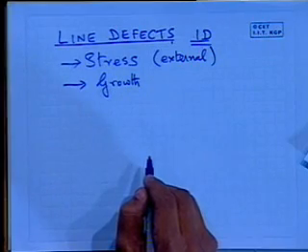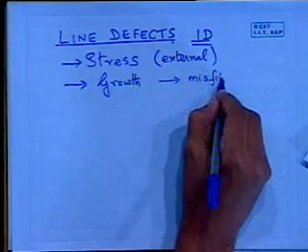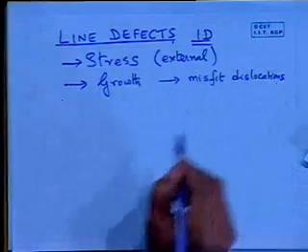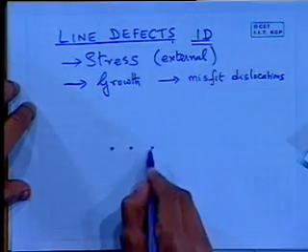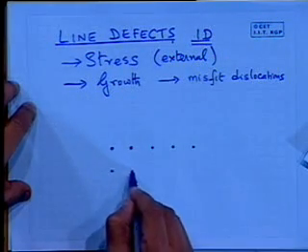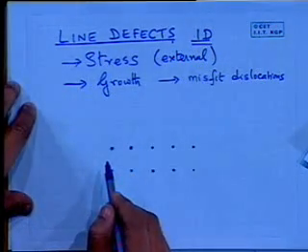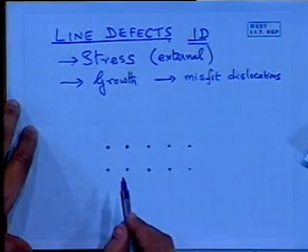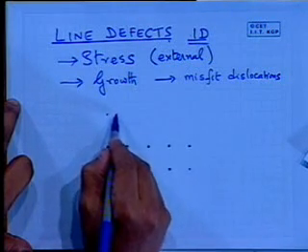I'll give you a simple example, because again I don't want to go much into this: something called misfit dislocations. Suppose I take a crystal whose atoms are spaced this far apart, and I try to grow on top of it another crystal, which I can do, which we will call heteroepitaxy, where this one's lattice constant is this far apart.